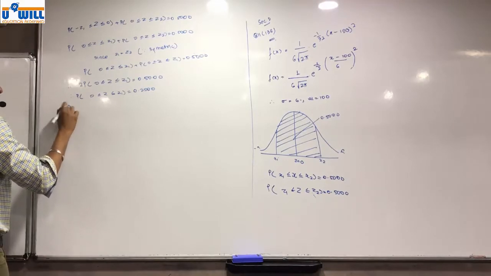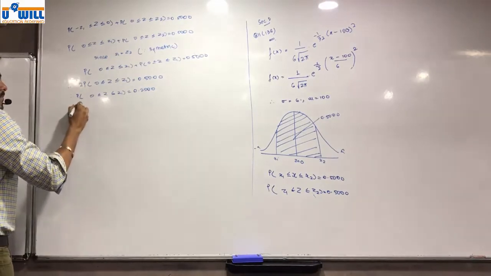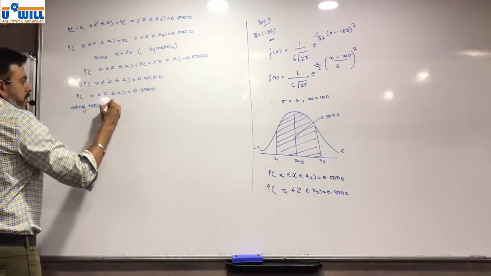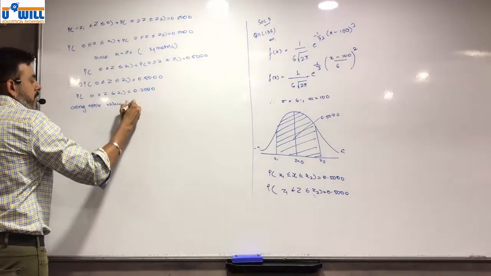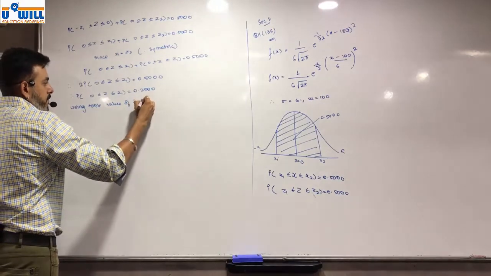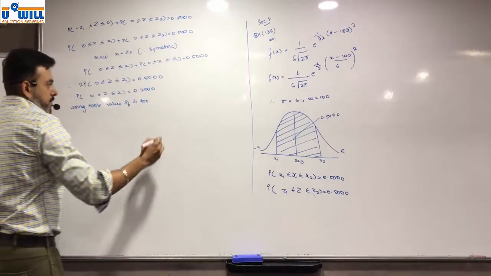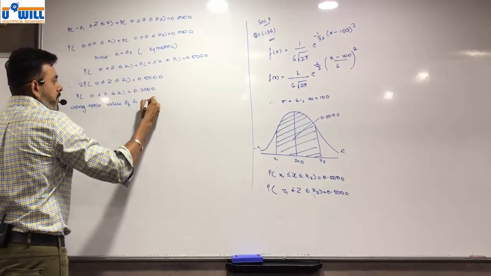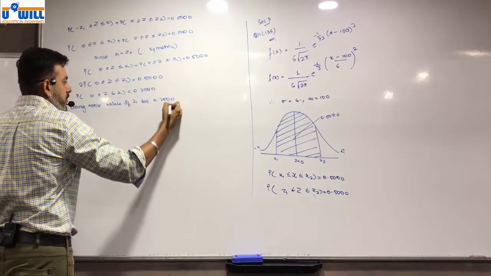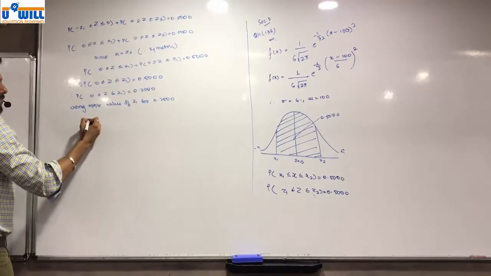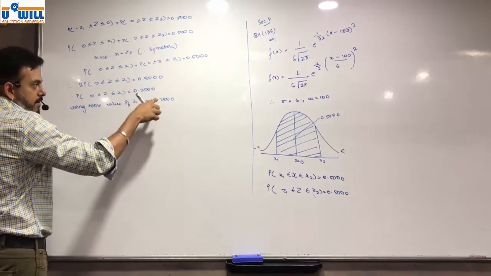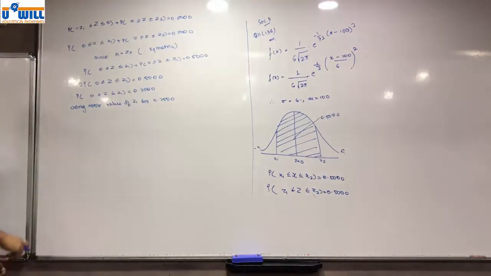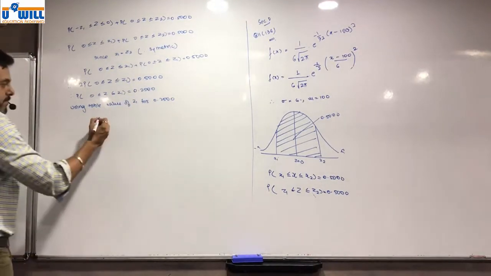Using table, value of z1 for 0.2500. Now we have to see the area is 0.2500. Corresponding to this, what is the value of z1?